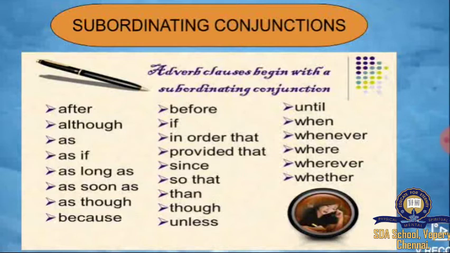After, although, as if, as long as, as soon as, though, because, before, if, in order that, provided that, since, so that, than, though, unless, until, when, whenever, where, wherever, and whether. These are a few subordinating conjunctions.